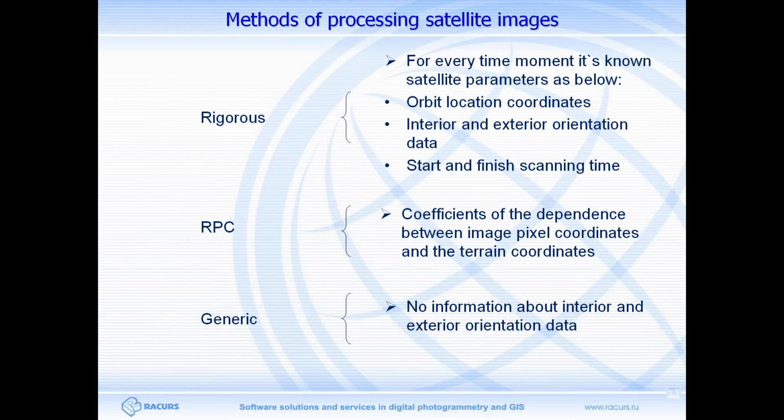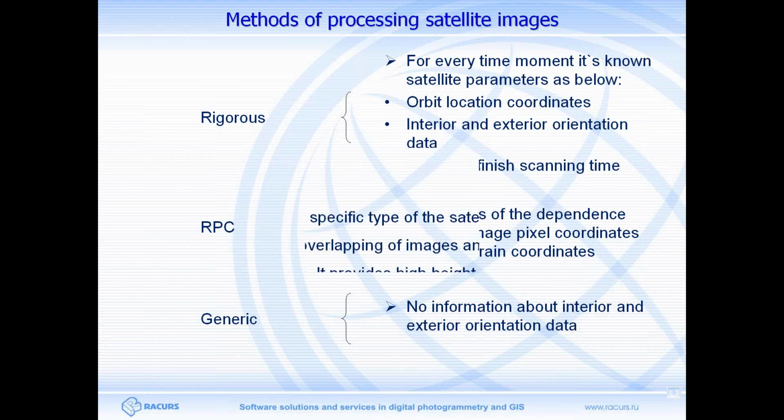In case of RPC, we have information about rational polynomial coefficients, which make the dependence between image pixel coordinates and corresponding terrain coordinates. And the last, very seldom case actually, is generic, when we have no information about the sensor. Then we can use this method, taking into account only that we deal with the push broom geometry of the image.